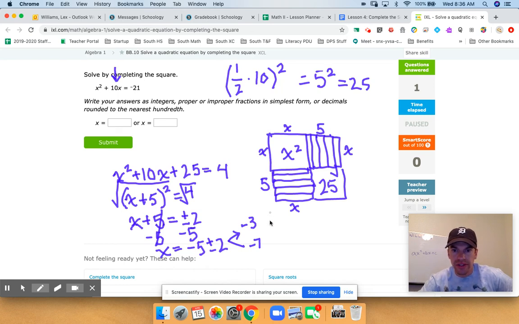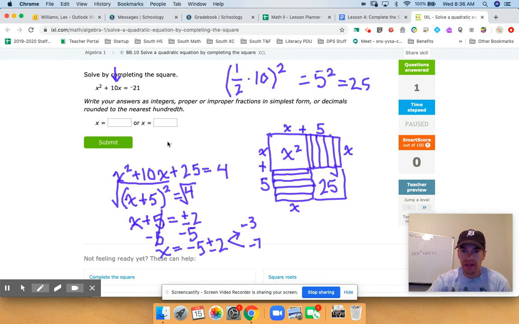If we think back to the sum and product, the dimensions of this are x plus 5, that's the length, by x plus 5, the width, right? So that gets down to x plus 5 times x plus 5, which is x plus 5 squared. So we did that shortcut by taking 1/2 of our b term and squaring it to get the 25 tiles.